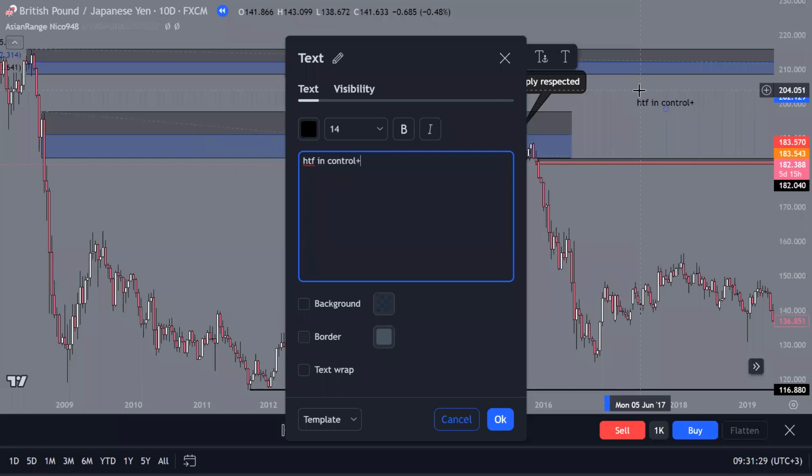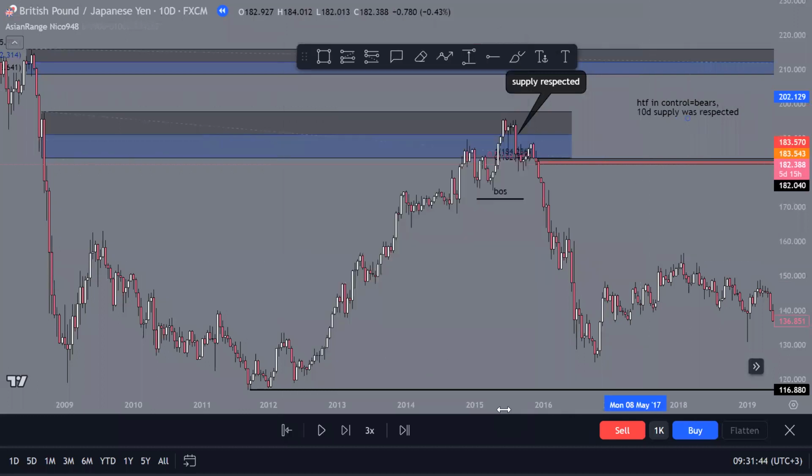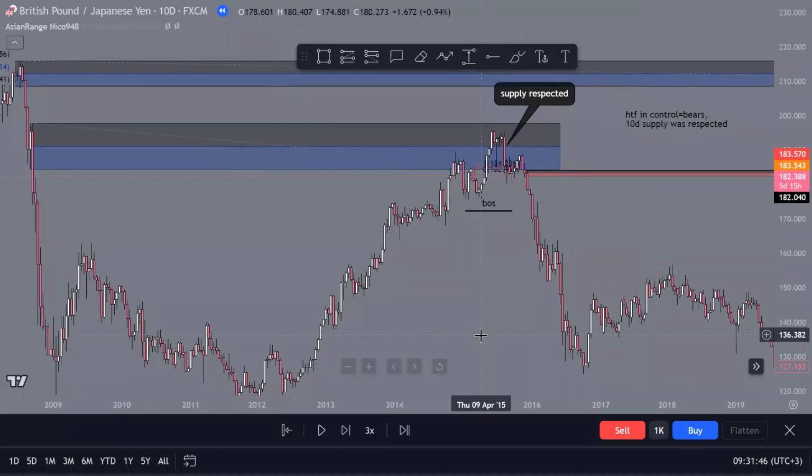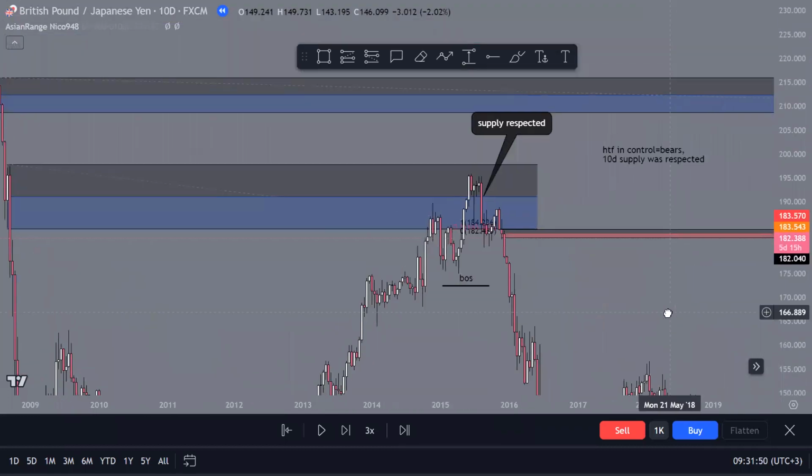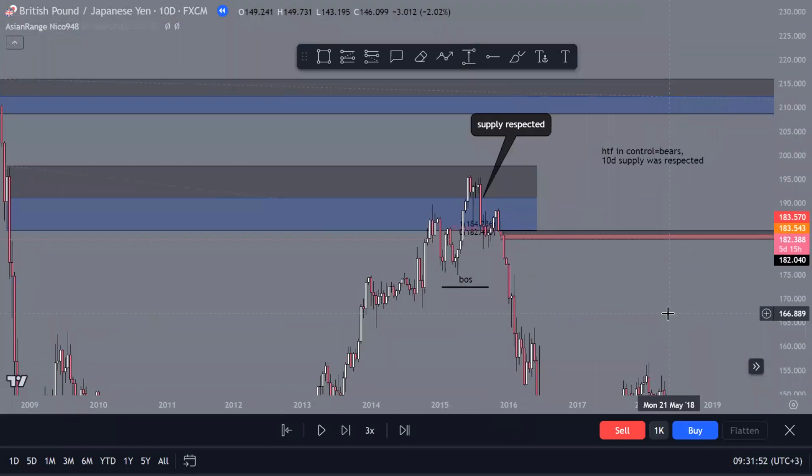Control is this. Why? Because we had an area of supply holding, and the supply was respected. To affirm this and achieve a valid order flow perspective of this market, we need to see more areas of supply being respected.